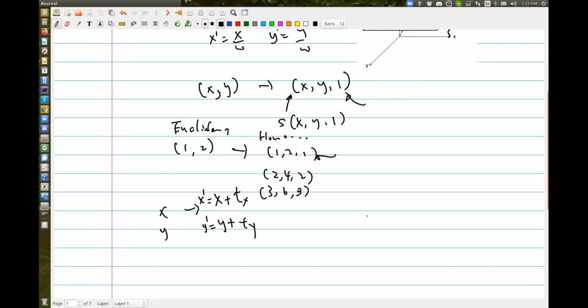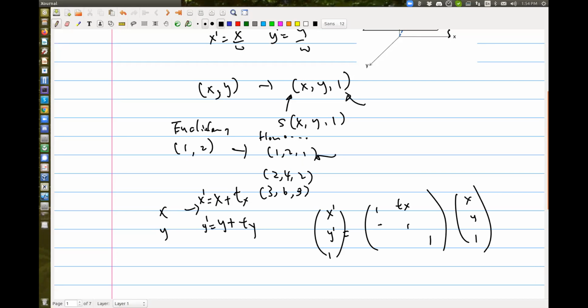I can write it in matrix form as (x prime, y prime, 1) equal to a matrix times (x, y, 1). What should I put in? I should put tx and ty in the last column.